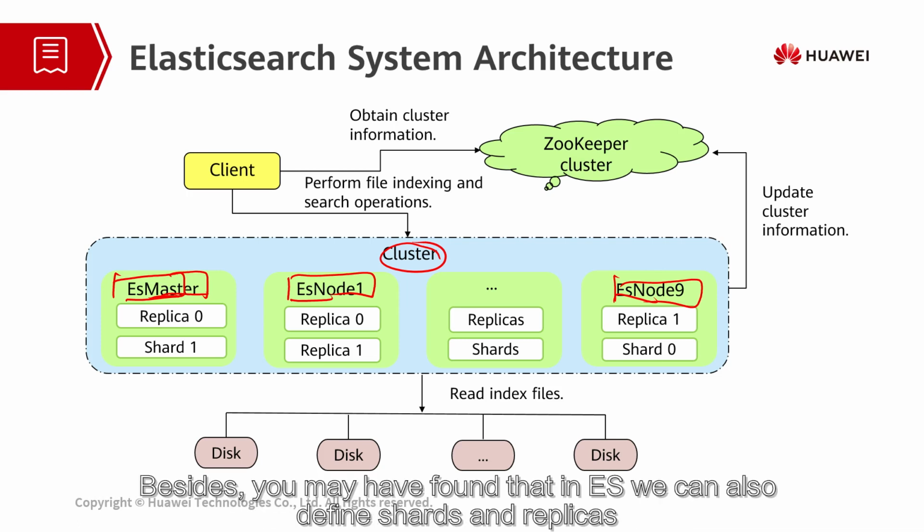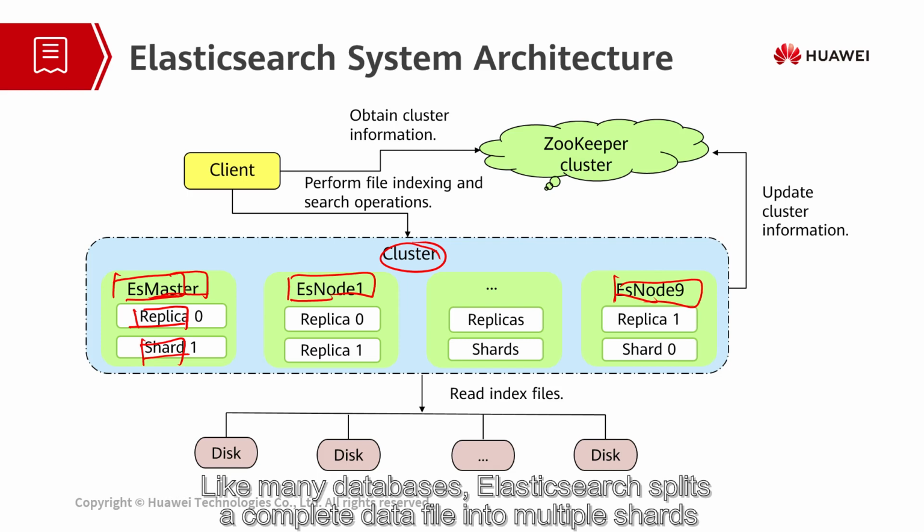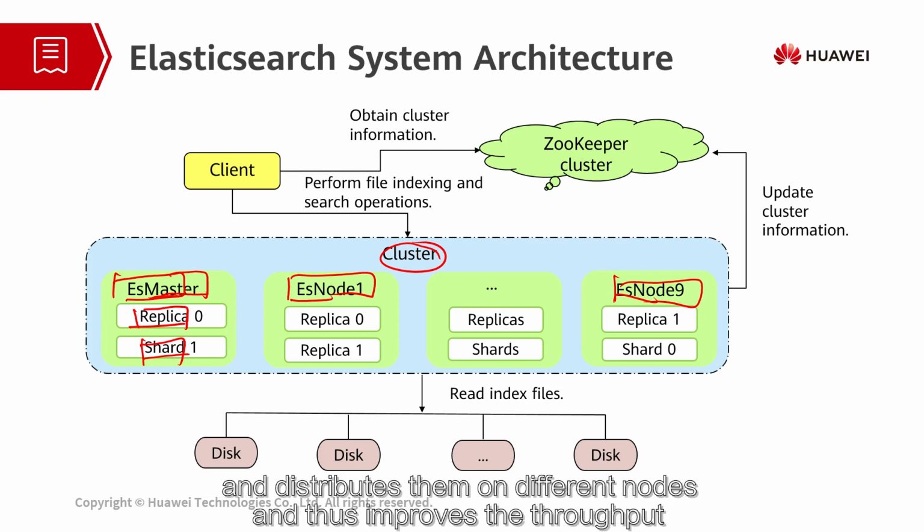Besides, you may have found that in ES, we can also define shards and replicas. Like many databases, Elasticsearch splits a complete data file into multiple shards and distributes them on different nodes, and thus improves the throughput.